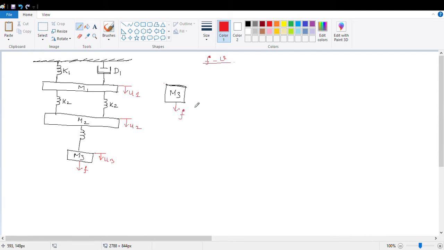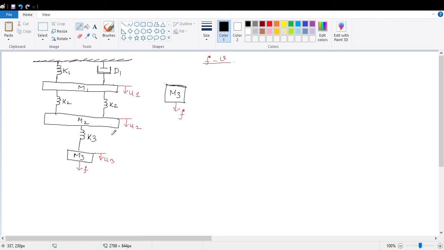Now this force will be countered by different factors. The factors are the inertia, and here we are getting only a spring constant. It should be K3.